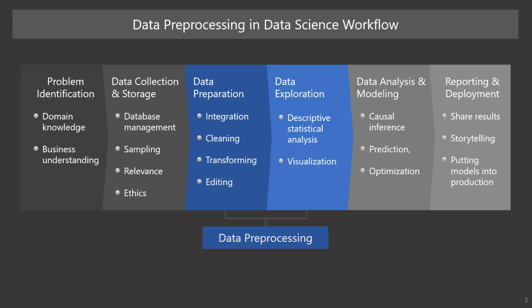Data preprocessing is located in the phase of data preparation and data exploration in the data science workflow. Not all tasks in these phases are data preprocessing. Some tasks of these phases are data preprocessing tasks that are needed to make raw data ready for analysis.